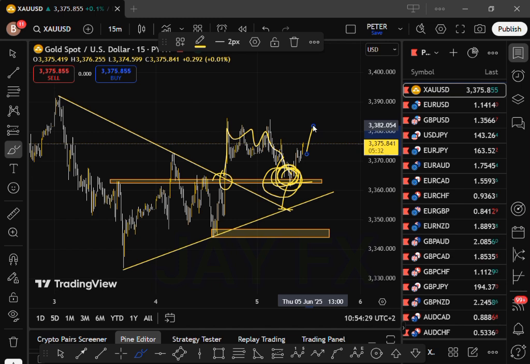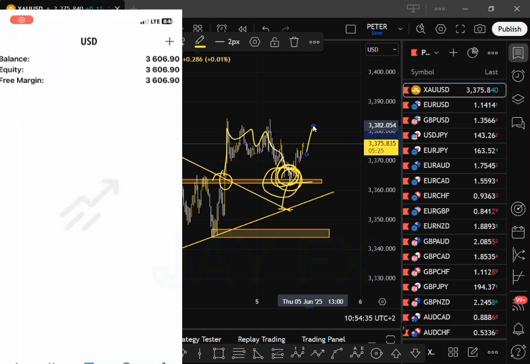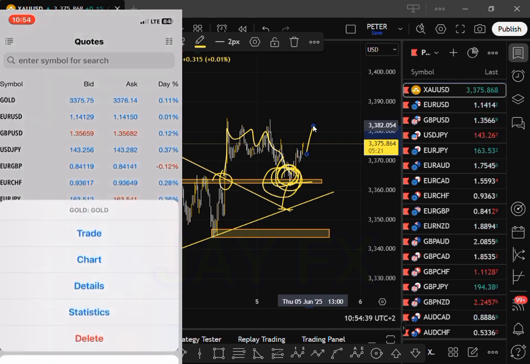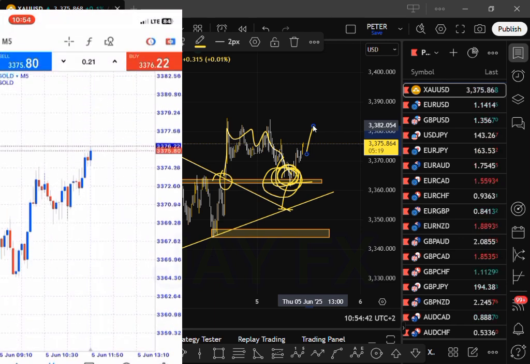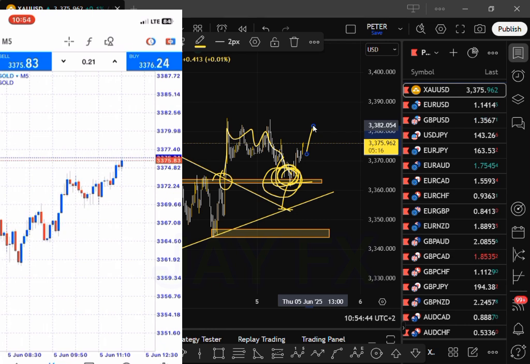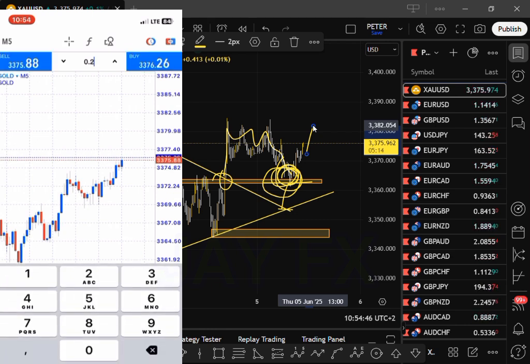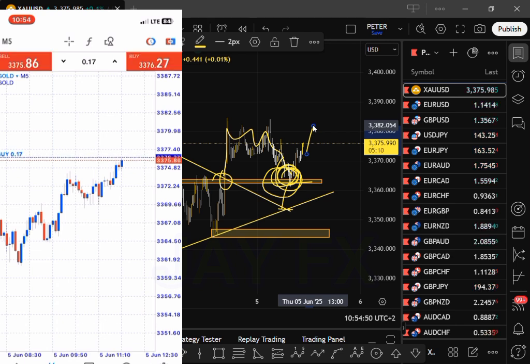So myself here, I have this account of 3,600, which I'm going to use to buy this gold. As you can see on my screen, I'm going to use 0.17 and buy gold, more position.